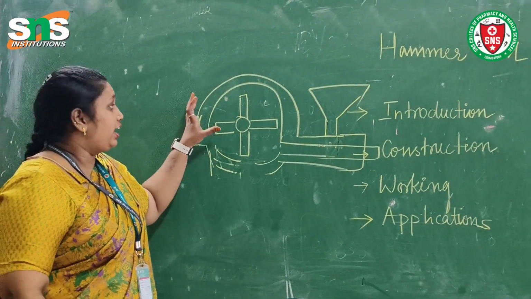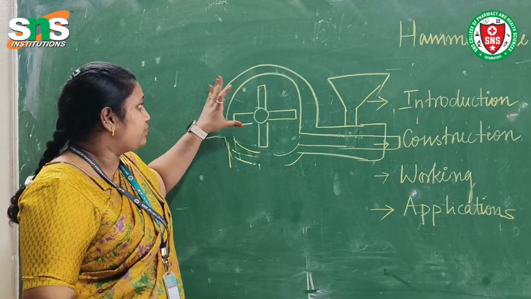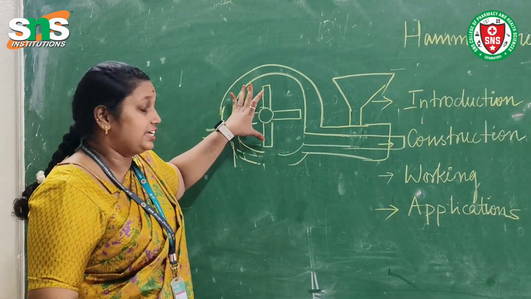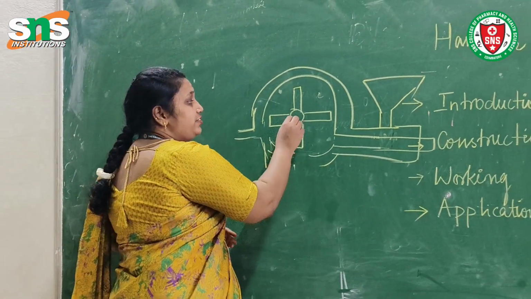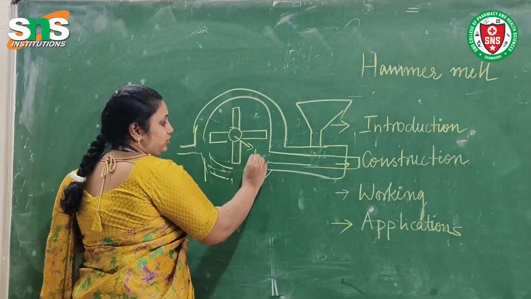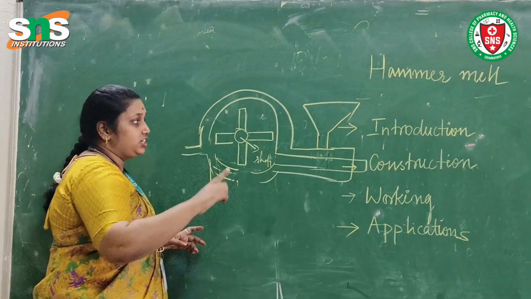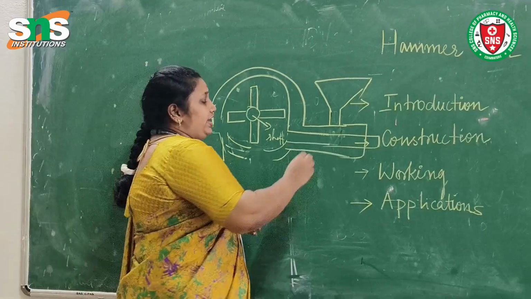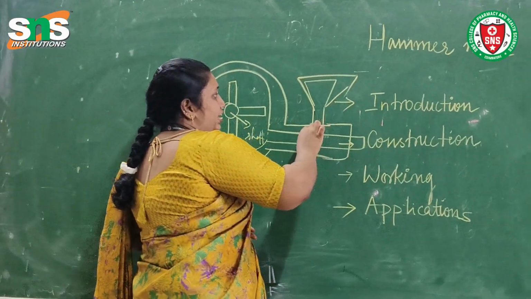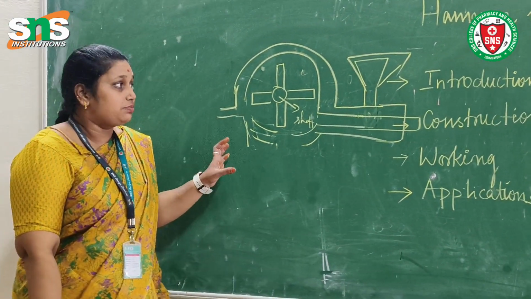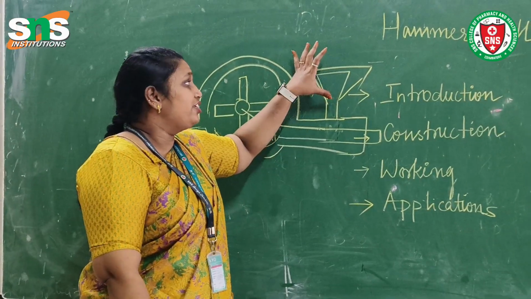So we have the upper semicircular surface in which the center portion is attached to the hammer, and in the center we have a rotating shaft which rotates the hammer in a circular motion, and we have a hopper this way where we can insert the solid or semi-solid substances into the feed.